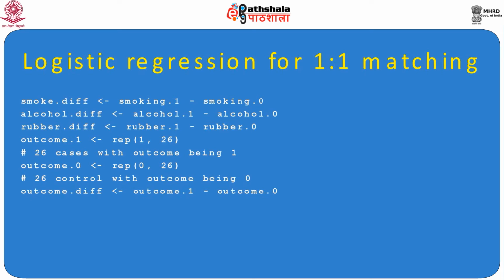Now we are going for functions. You have seen that when we go for logistic regression, the binomial link function is useful. We use the GLM function, generalized linear model, in R, and the dummy variable outcome.diff that has been generated here is considered as the response variable, and obviously it has two endpoints, either 1 or 0.